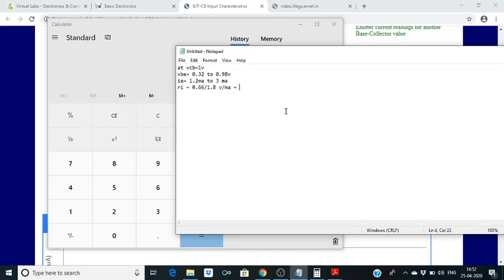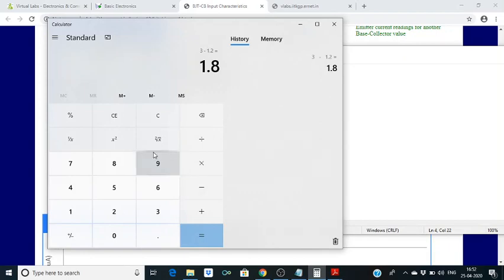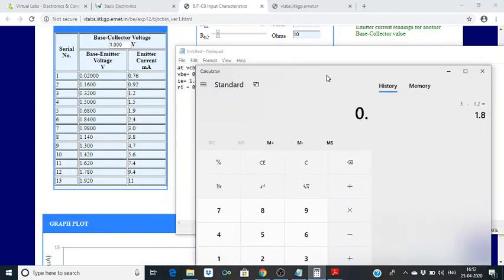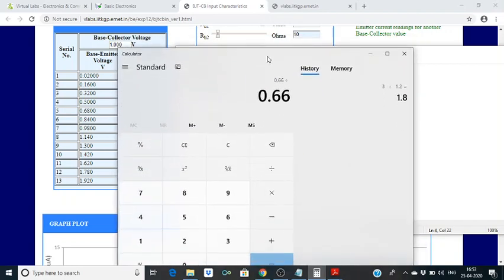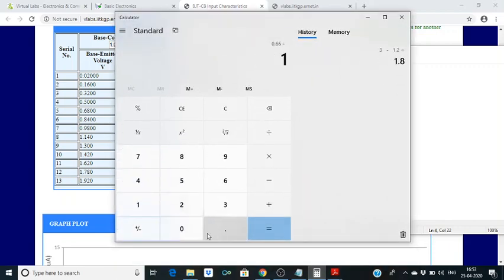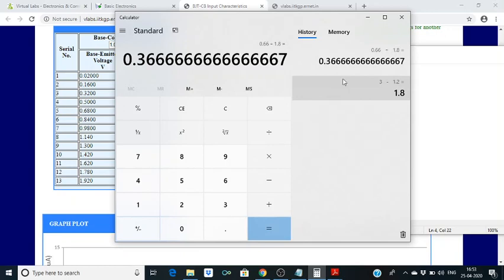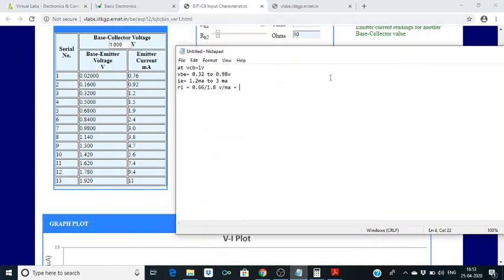So 0.66 divided by 1.8 is coming 0.3667 kilo ohm.